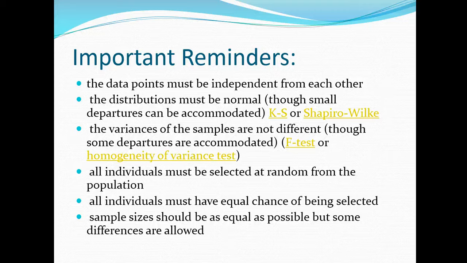But when there's three means from possibly three different populations, and you also want to know the interaction of the subgroup in that particular population, then you have to remember you need to have an equal sample size. Although it says here some minor differences are allowed.